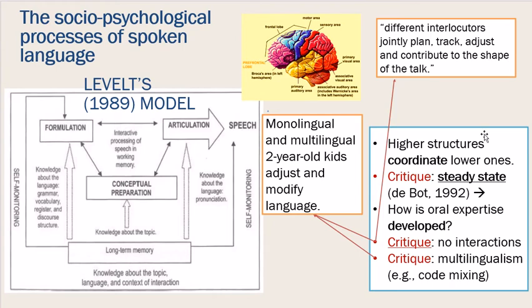The other point which I wanted to talk about here actually relates to the last two critiques: studies of monolingual kids and multilingual kids have shown that we have this ability to adjust and modify our language at least as young as 2 years old.